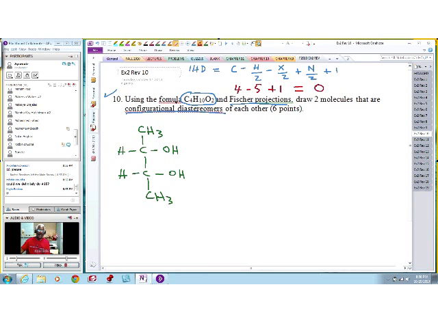And then we see here, we have 2 chirality carbons, this and this. Okay? So we want configurational diastereomers. The question is, what are configurational diastereomers? Configurational diastereomers are stereoisomers that are non-mirror images. Let me write that down.